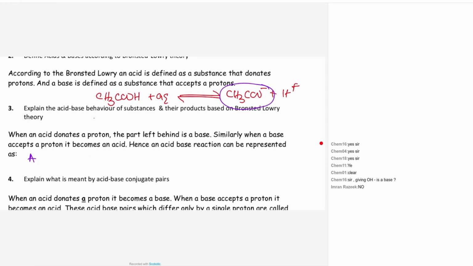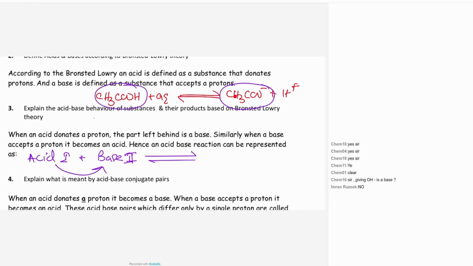So I'm going to write this as acid 1 and base 1, or the base 2. This acid will give a proton to the base, because acids are proton donors.